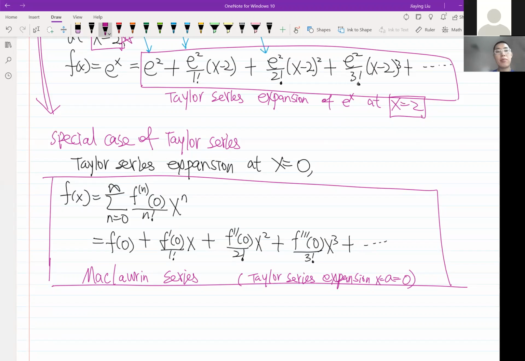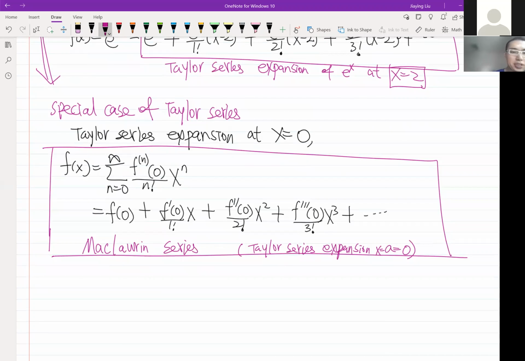So if you forget about Maclaurin series and don't know what it looks like, just think about its Taylor series, where the a in that Taylor series expansion is equal to 0. We expand it at x equals 0. Any questions about this? I guess you can call it a definition, not really a definition.